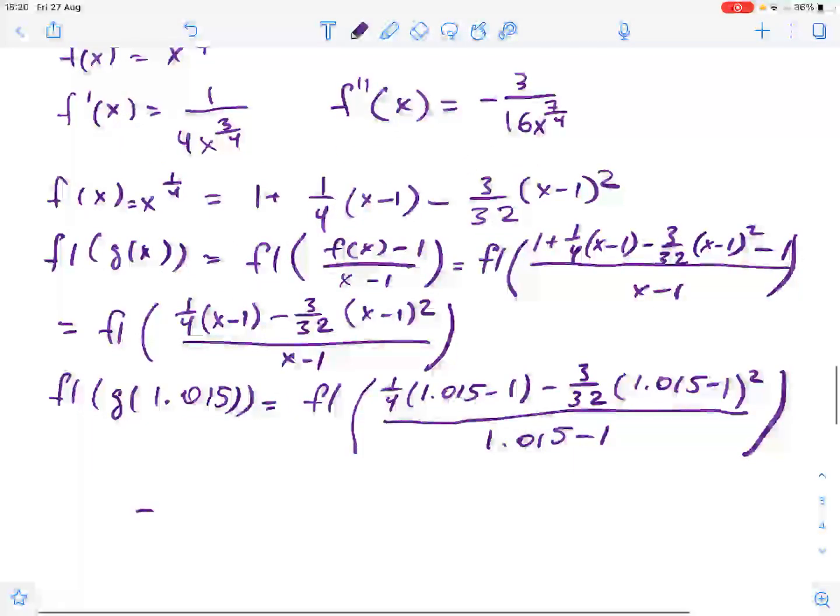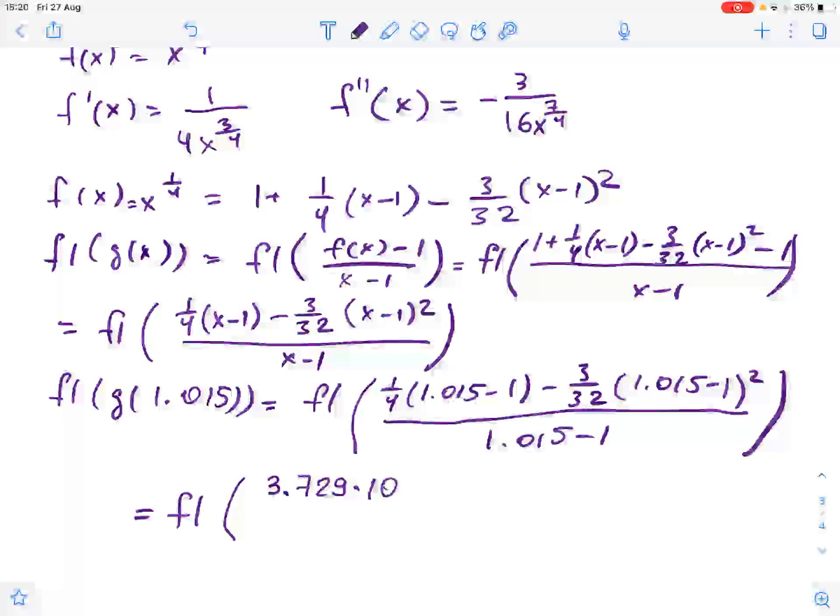So if we solve this, we get that this equals fl of 3.729 times 10 to the power of negative 3 over 0.015, and this equals 0.2486.